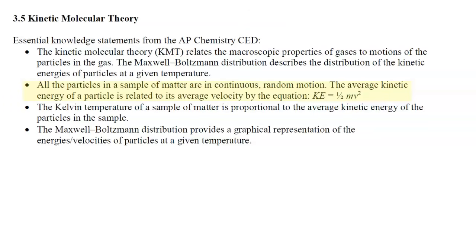The average kinetic energy of a particle is related to its average velocity by the equation kinetic energy equals 1/2 mv squared, where m stands for mass and v stands for velocity. The Kelvin temperature of a sample of matter is proportional to the average kinetic energy of the particles in the sample. And the Maxwell-Boltzmann distribution provides a graphical representation of the energies or velocities of the particles at a given temperature.